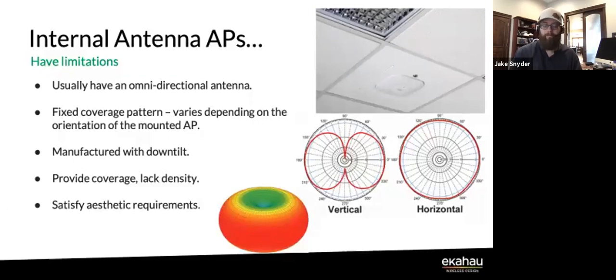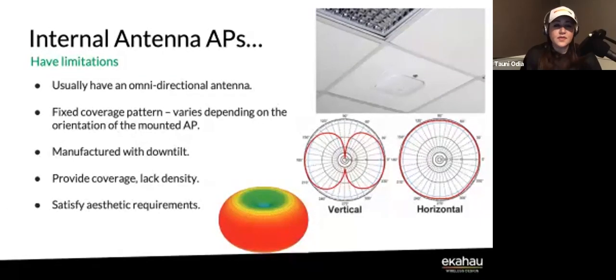Just to highlight quickly, we're not saying internal antenna access points are bad, but there's a time and a place for everything. As Jake was talking about, an omnidirectional pattern sprays everywhere, and sometimes you need fixed directional coverage, specifically in warehouses or other challenging environments, because you're trying to make sure you have the coverage.